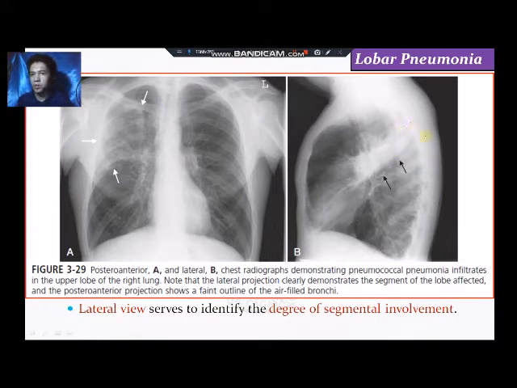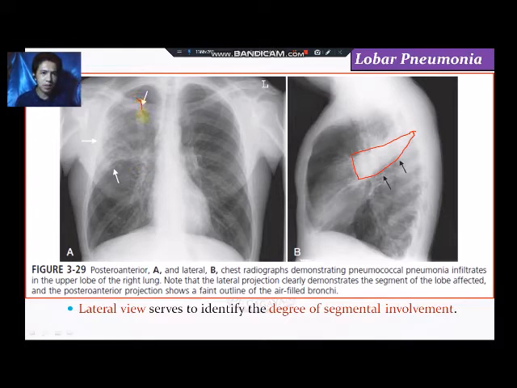This is the consolidation we mentioned earlier, the whitish appearance. The lungs should normally appear black, but because of certain diseases and pathologic processes, some areas of the lungs may appear white.